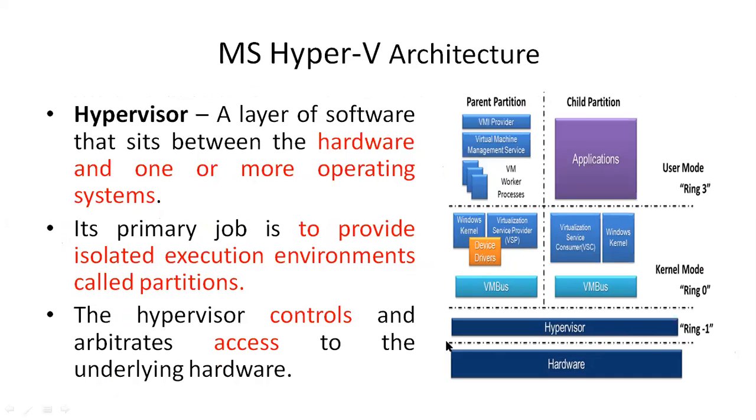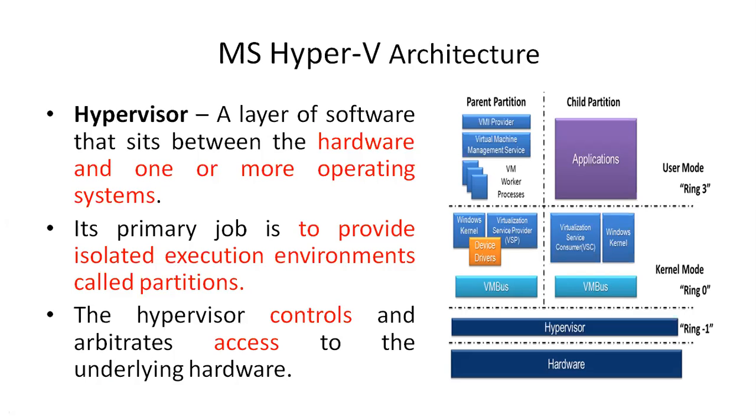What is a hypervisor? A hypervisor is a layer of software that sits between the hardware and one or more operating systems. On top of the hypervisor you have one or more operating systems. It is simply a layer. What is the primary job of the hypervisor?